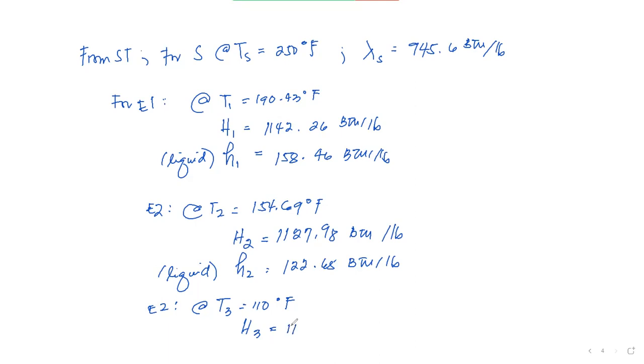So you don't need anymore the saturated liquid enthalpy. 1,109.3 BTU per pound. So you're done with all the vapor enthalpies. You'll be using this later when you do your energy balance.